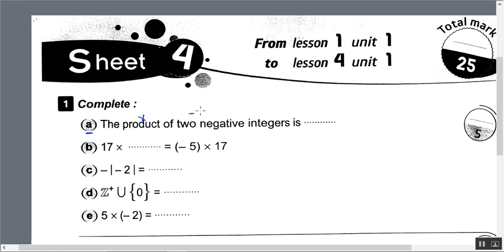We can say negative 3 times negative 4 equals, we said before, positive times positive equals positive, and here negative times negative equals also positive, and here positive times negative equals negative, and here negative times positive equals negative.